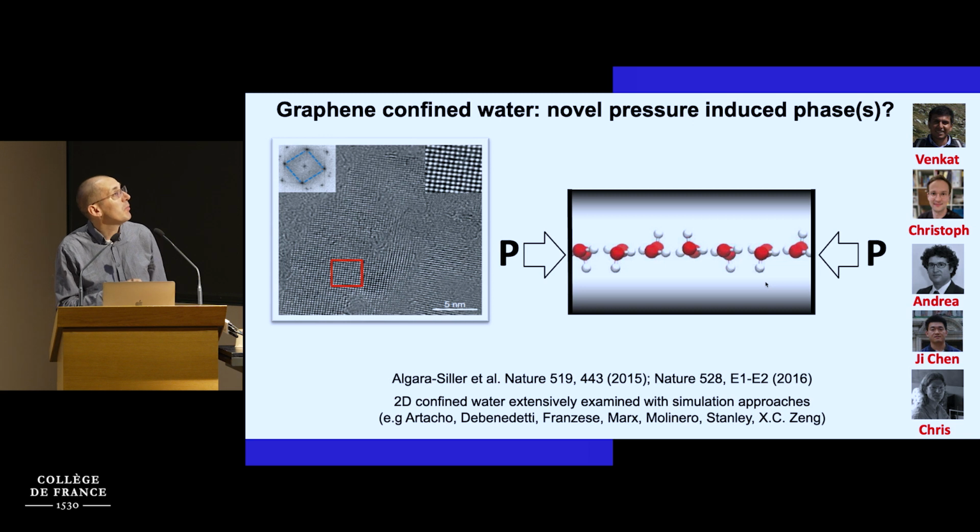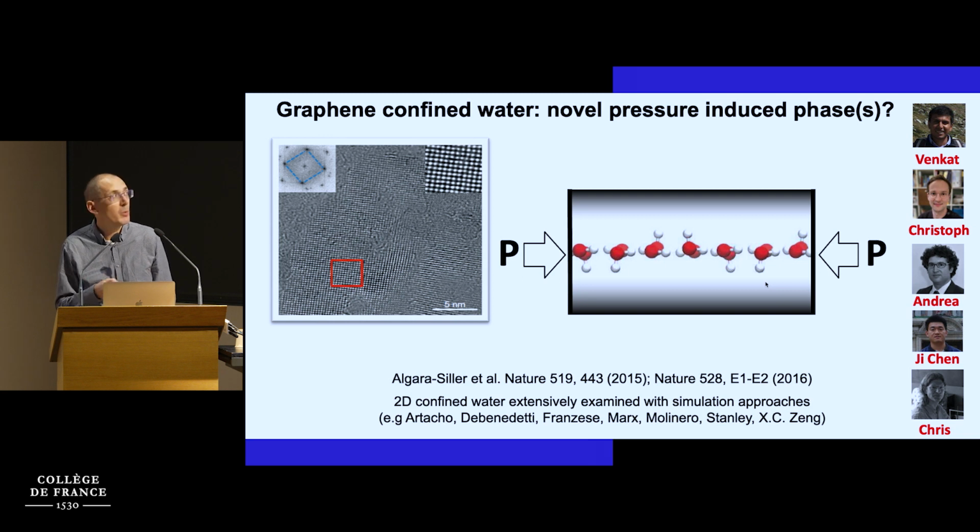What we did is we built a system that looked like this, where we have a sheet of graphene and a confining potential that mimics graphene on the bottom side. We explore the phase behavior of this monolayer of confined water within this confining potential as a function of pressure and temperature.